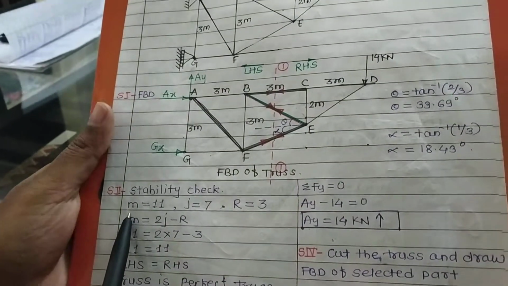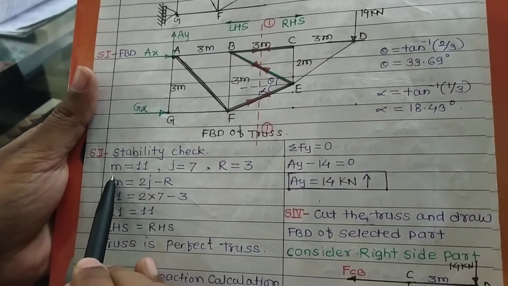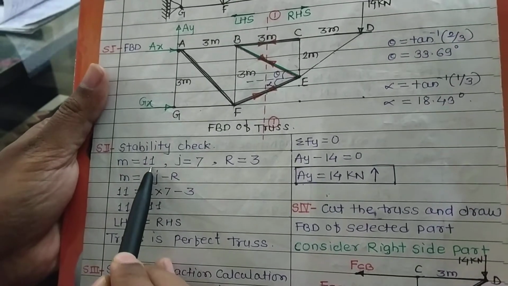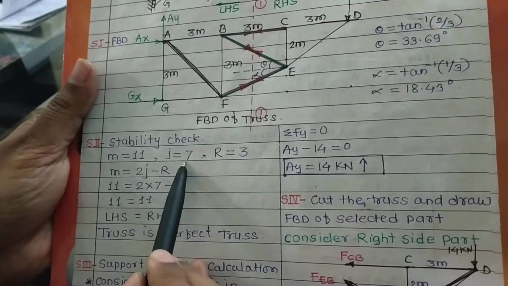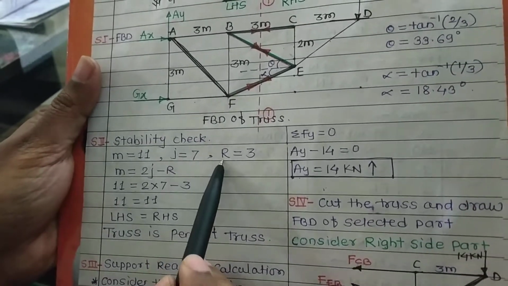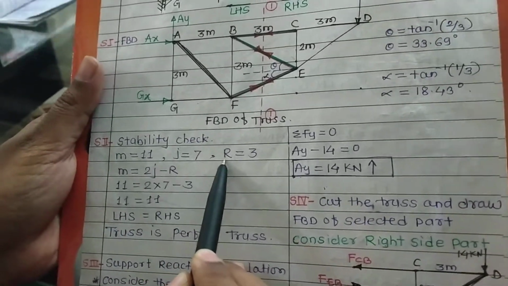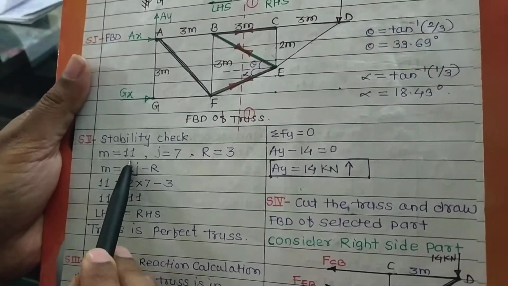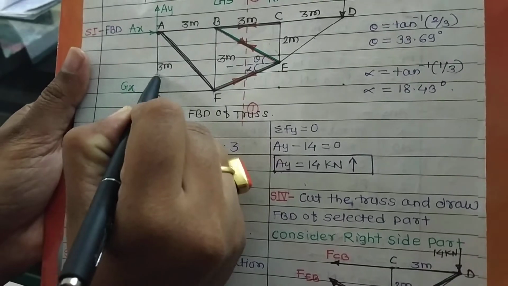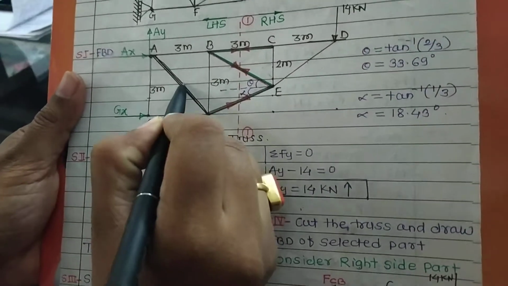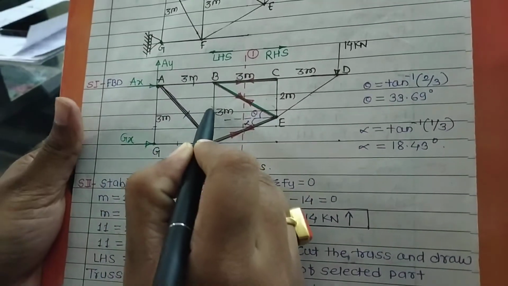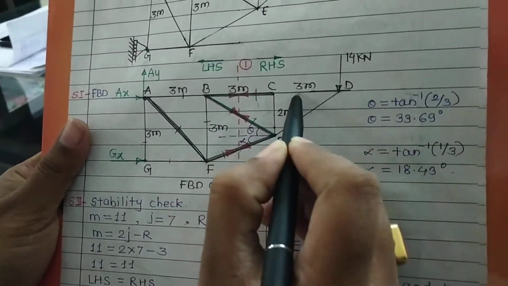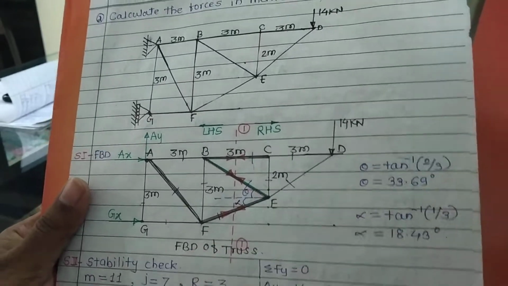Now the second step is to find out the stability of the truss. In this truss, the total members are 11, the total joints are 7, and the total support reactions are 3. Count the members: 1, 2, 3, 4, then 5, 6, 7, 8, 9, 10, and this is 11.